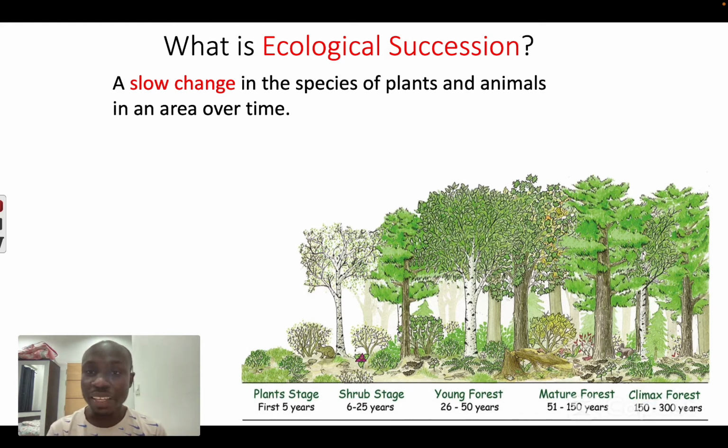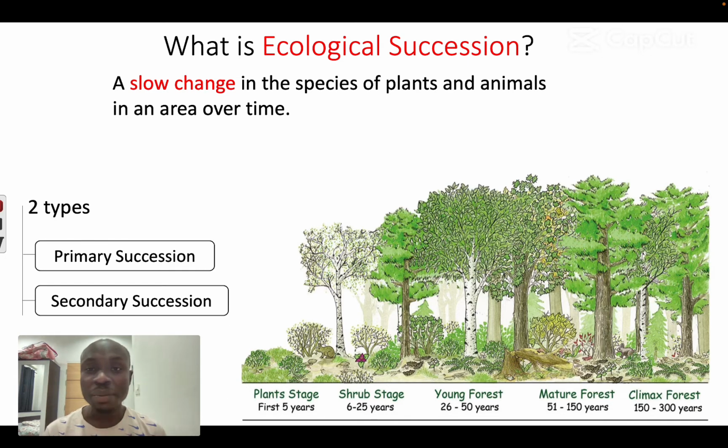And we call this slow change in the species of plants and animals which will live here ecological succession. Again, what is that? It is a slow change in the types of plants and animals which live in an area or an ecosystem.